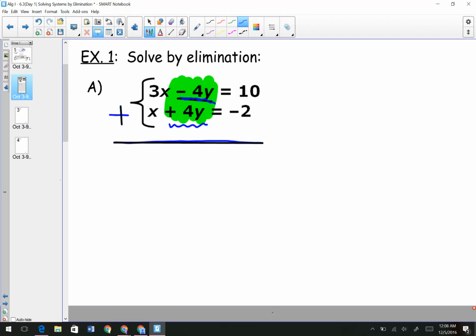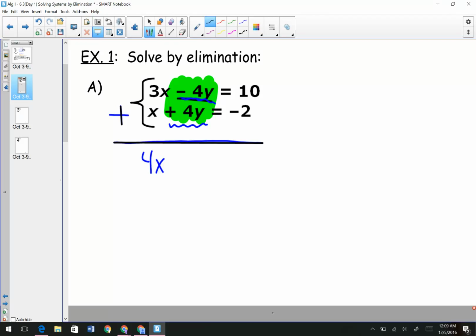Sorry for my blue pen turning to black. I'll just make it black so you don't get weirded out by it. So I'm just going to add these equations. I'm going to take this 3x and this x and add them together. 3x plus 1x is 4x. Now when I add these two equations together, negative 4y plus 4y cancels each other out.